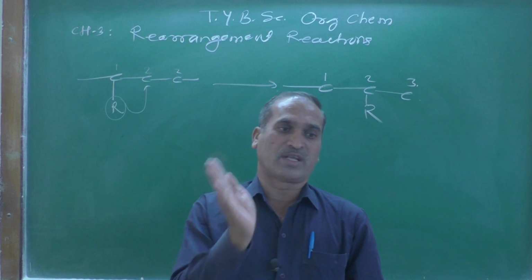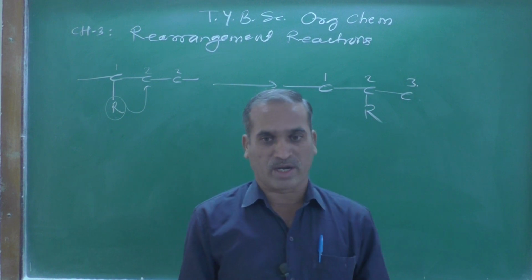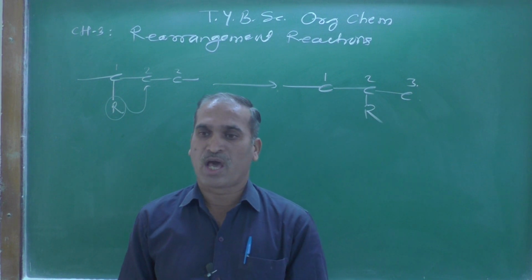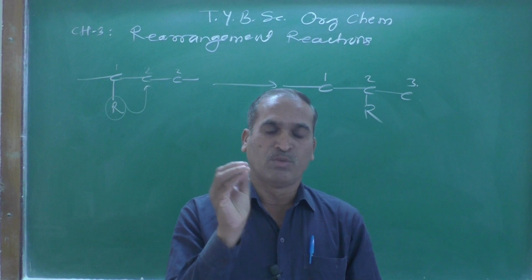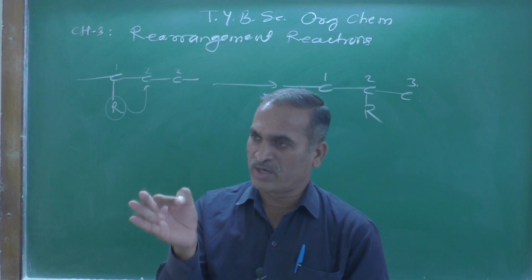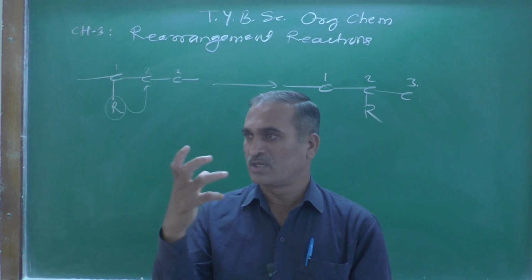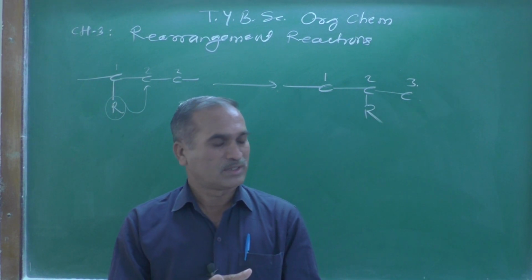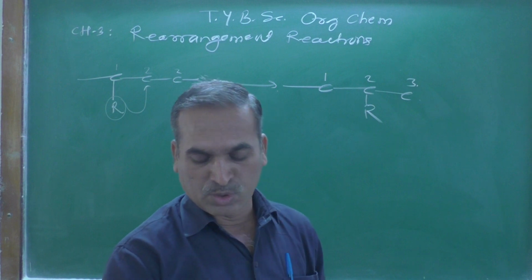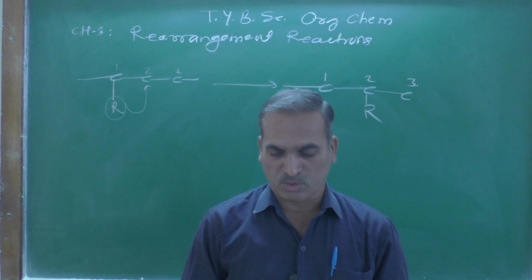Whenever there is a more electronegative atom, and as we know all the heteroatoms, for example nitrogen, oxygen or halogens, are more electronegative than the carbon atom, therefore whenever such atoms are present, they show a dipole moment, or they are polar in nature. That type of polarization is induced in the molecule.